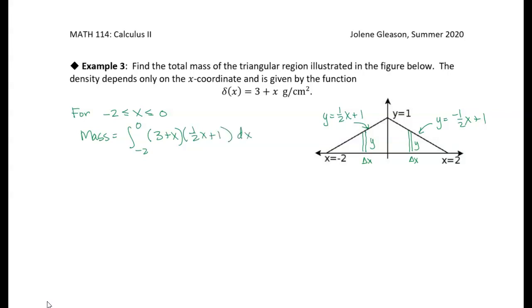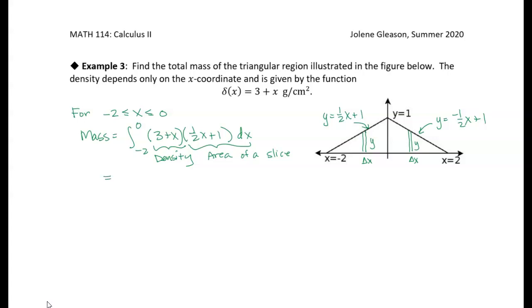The dx represents the width, so this whole thing essentially represents the area of a slice. And of course this is our density. So we're just taking density times area, and then we have to add up all of these little slices using an integral.